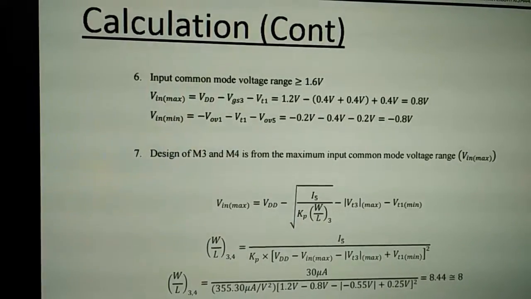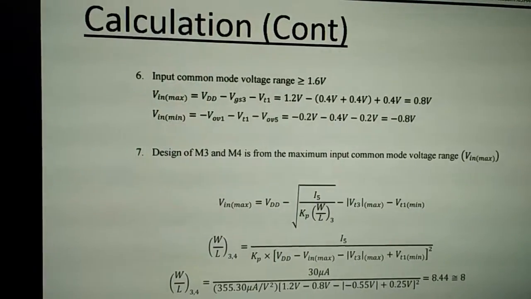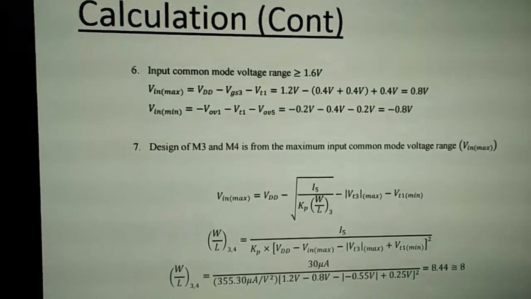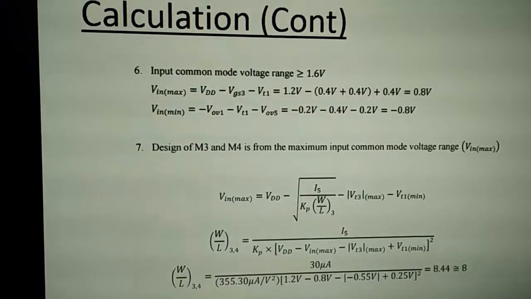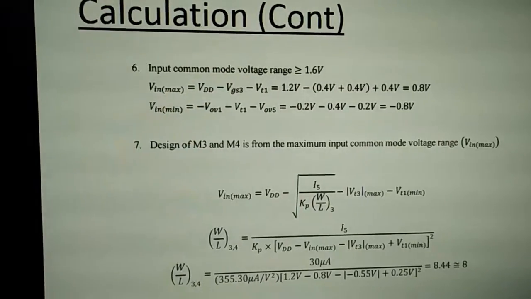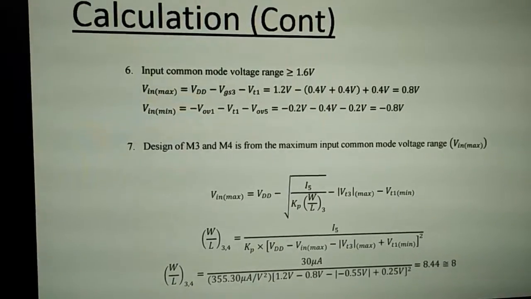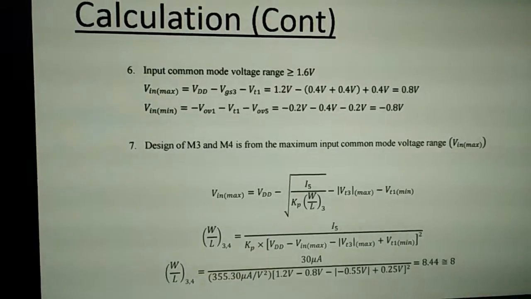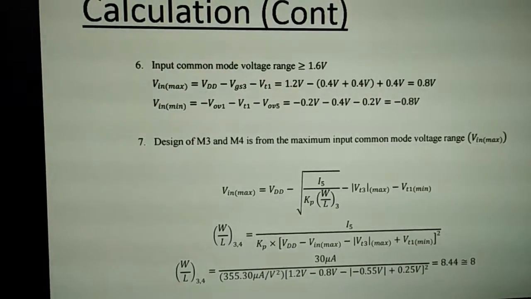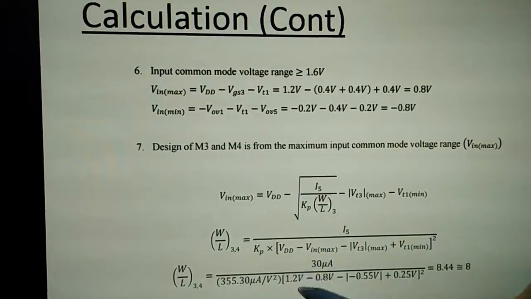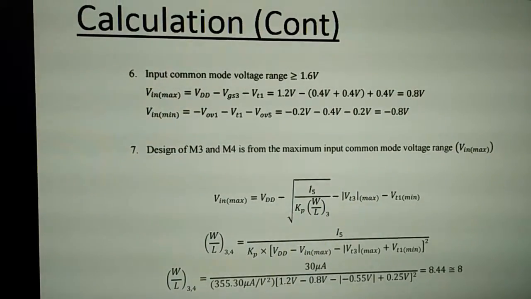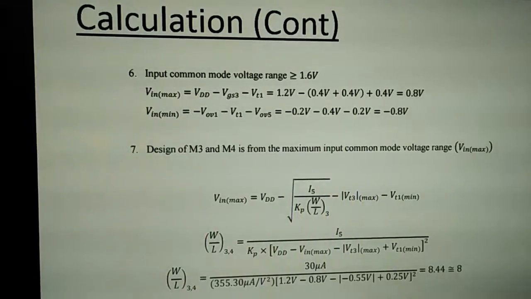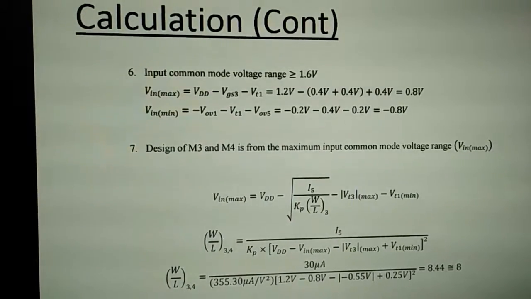In step number 6, we want the input common mode voltage range to be more than 1.6 volt, and therefore we let Vin max equal VDD minus VGS3 minus VT1. So we will get 0.8 volt, and Vin minimum we will get negative 0.8 volt. And then how do we design M3 and M4?